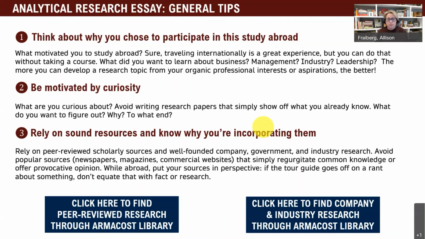If you want to find peer-reviewed sources, which you should want to do, you can click here and it'll take you right to that section of the business research guide in the library, in the Armacost library resources. Same if you want to find company and industry research, you just click here. And again, these are live links in the PDF of these slides.